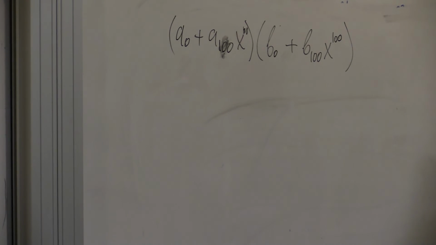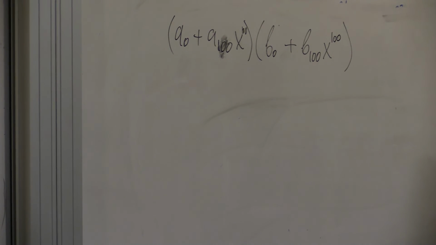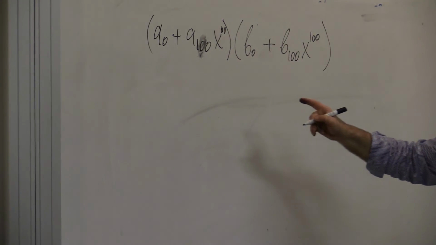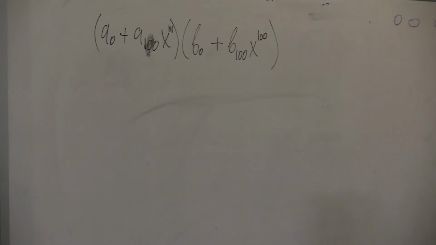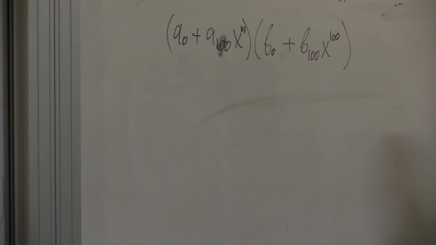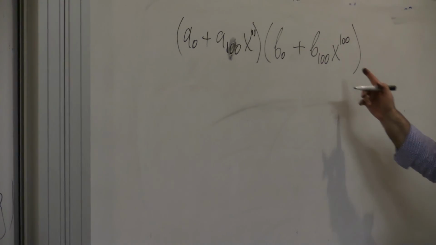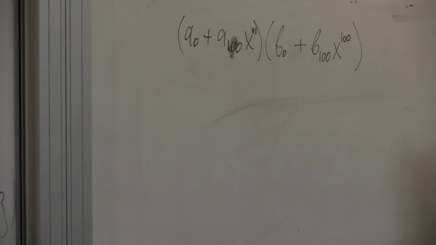If we did the Karatsuba trick, how many values would we have to evaluate the polynomial at? What's the degree of the product? 201. But if you just did Karatsuba without thinking, you would have to evaluate these polynomials.